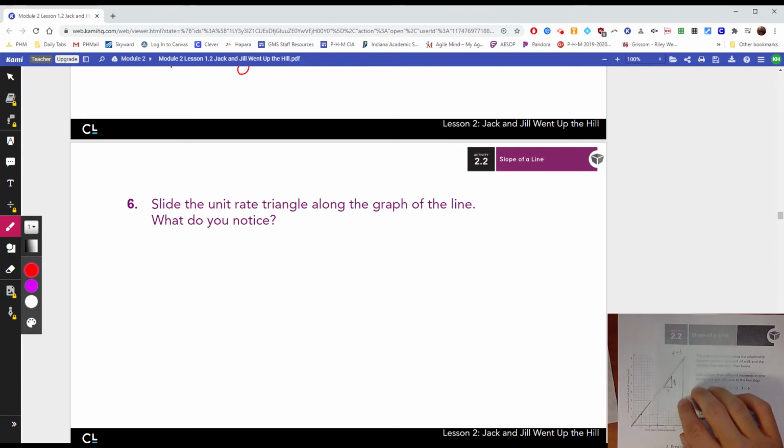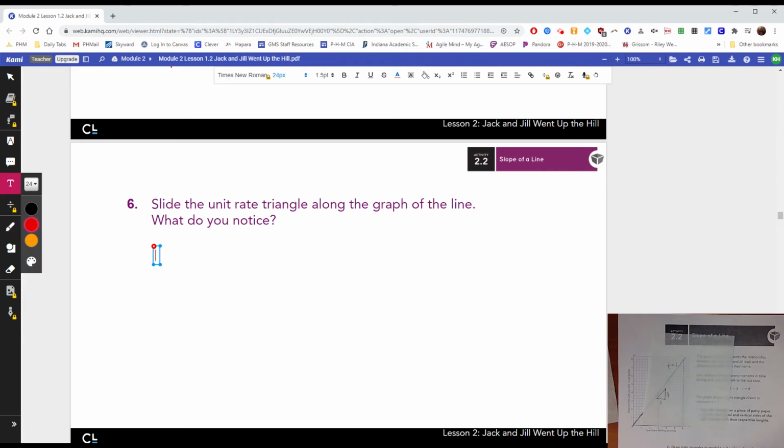So that unit rate triangle kind of fits the line no matter where I slide it, right? So between any 2 points, it connects any 2 points on this line. So let me type this here. So the unit rate triangle, I notice it connects any 2 points.